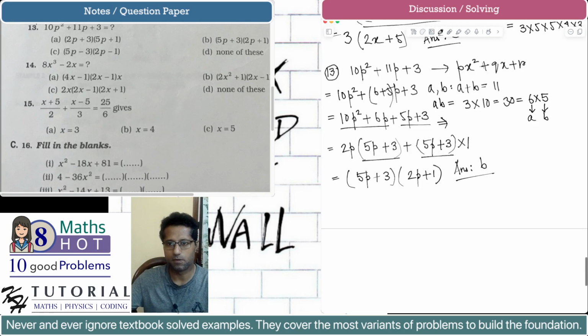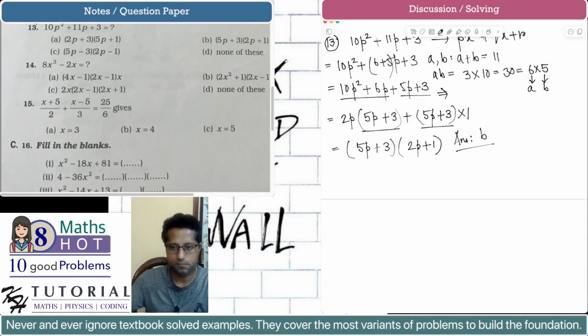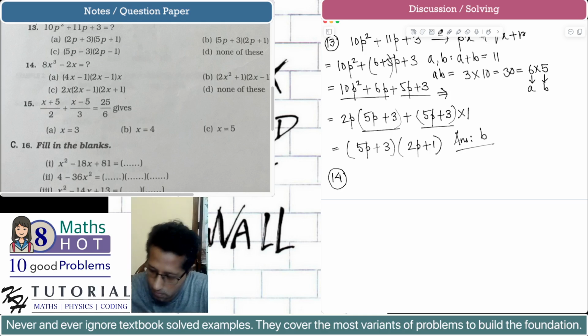Let's do question number 14. Question number 14 is a relatively small expression, but even though it is small, it is not that simple.